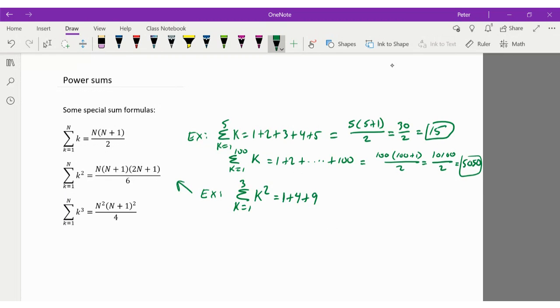That's going to equal 3 times 3 plus 1 times 2 times 3 plus 1, which is 7, over 6. So that's 3 times 4 times 7 over 6, or 84 over 6, which is 14. And if you actually add up 1 plus 4 plus 9, you'll see that you do, in fact, get 14. So this formula does work.